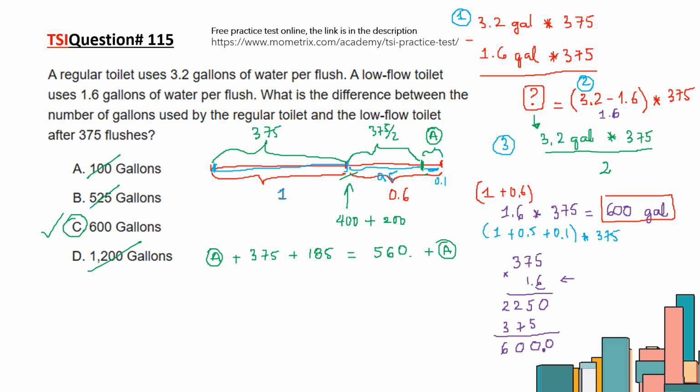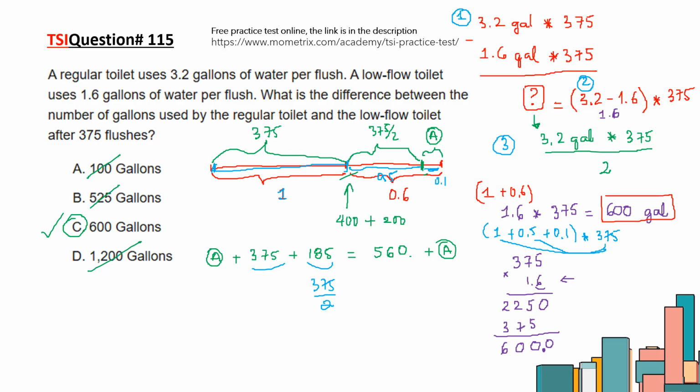Now it should distribute. You got 375 times 0.5, which is divided by 2 or multiplied by 1/2. And then you'll have 375 times 0.1, that is 37.5. So it's really close to 600.